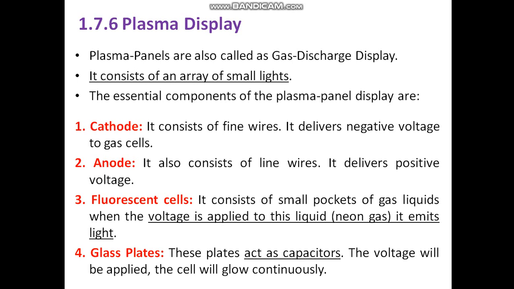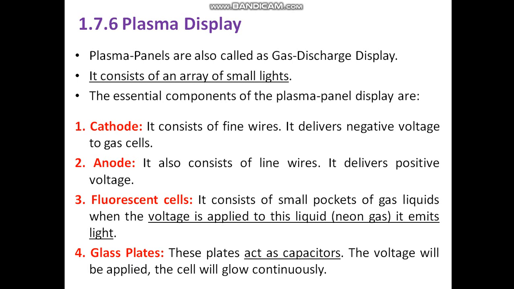That is, by applying voltage between the electrodes, the gas within the panel is divided into tiny cells. These independent cells are made to glow by placing a voltage on them, and they emit light.